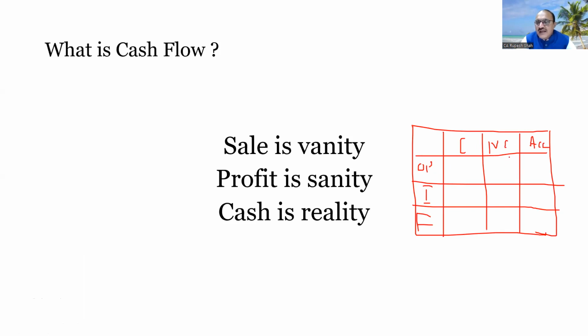So when I neutralize or exclude this, I'm only left with the cash column. And this analysis of the cash column in the operating, investment and financing buckets is nothing but the cash flow of the company, right? This is the visual understanding of the cash flow and its importance.